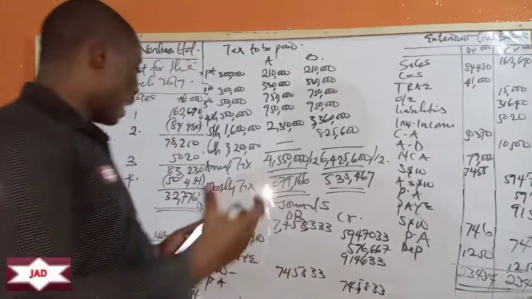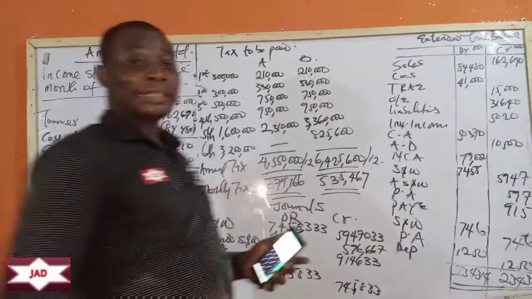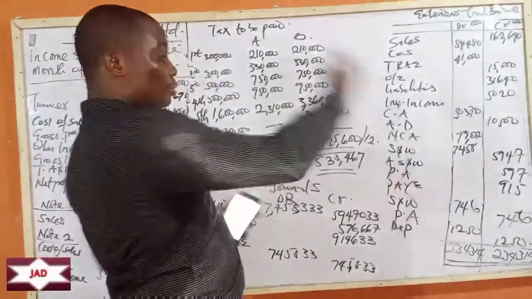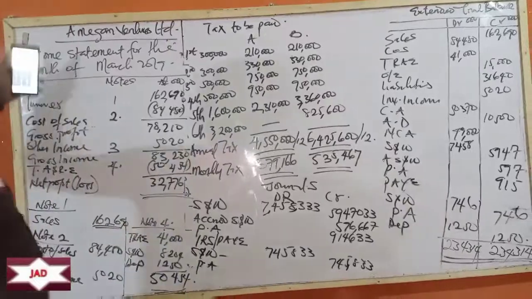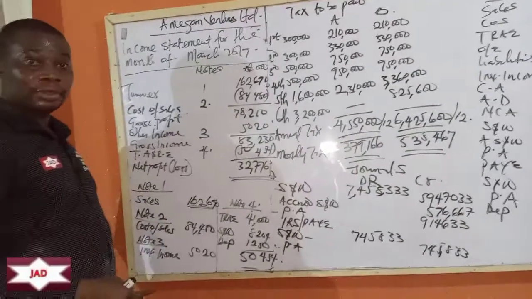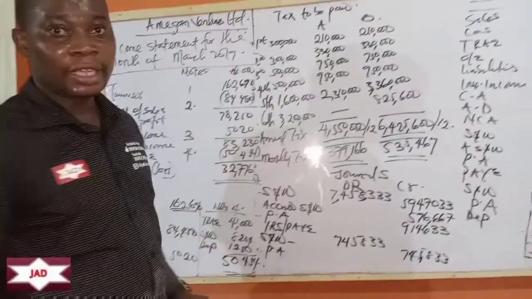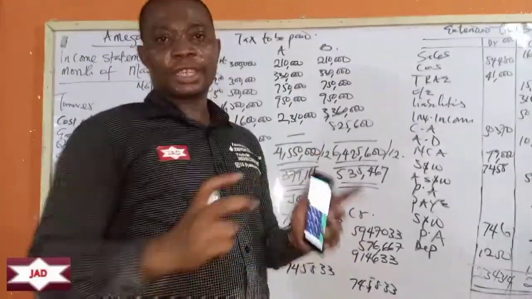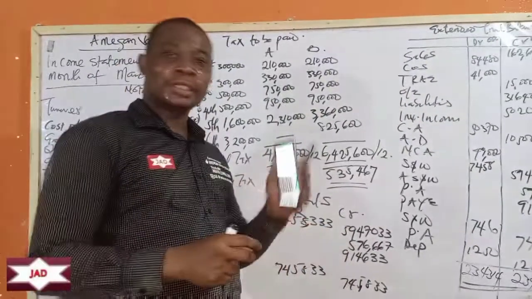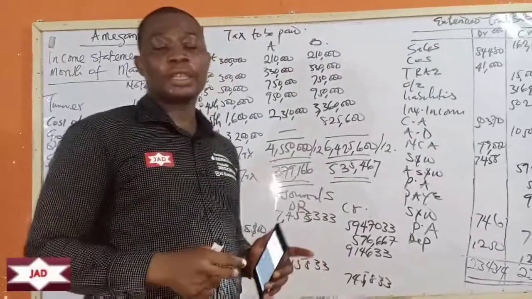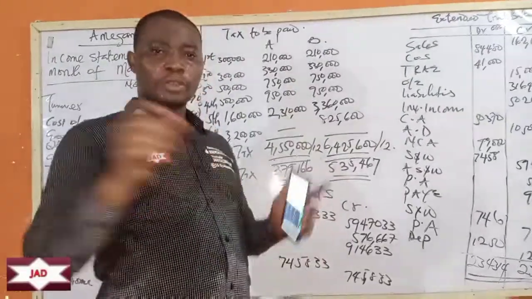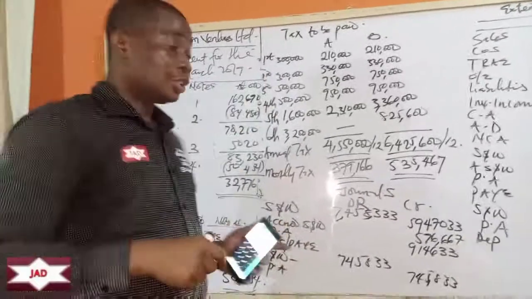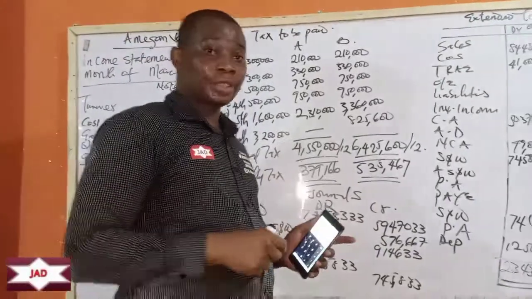Then we learned how to prepare an extended trial balance or revised trial balance after the adjustments, and we're able to use it to prepare our income statement. This is a combination of payroll accounting and the income statement. We're also able to touch some tax issues there. There's no way you can calculate payroll without referring to your tax schedules.